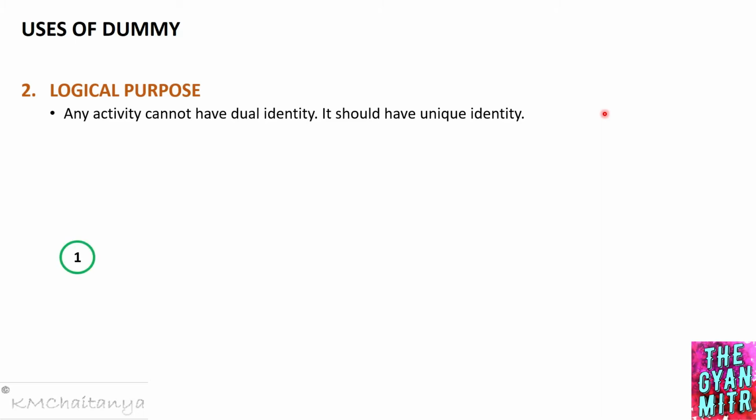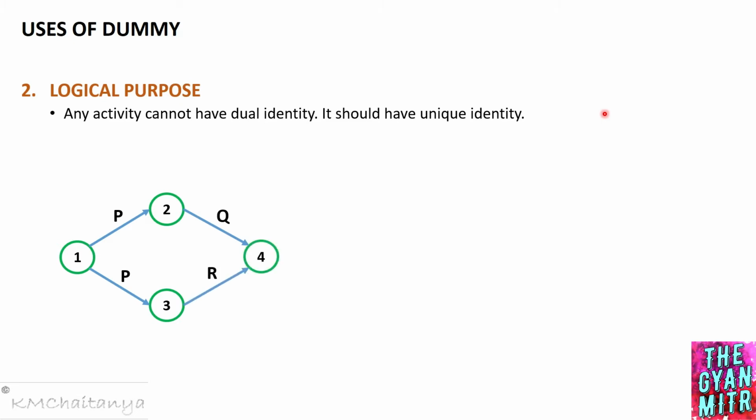We have an initial event, we have an activity denoted as P, and then we have activities Q and R. In this example we can see activity Q has a predecessor activity P, and again activity R also has predecessor activity P, right?